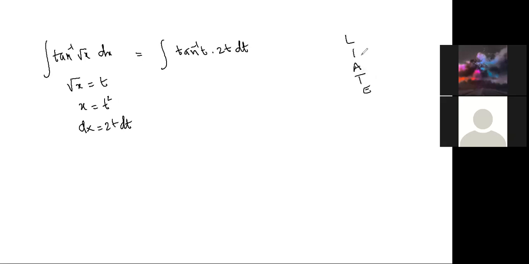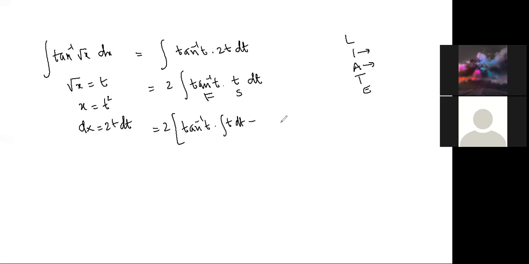LIATE. Which comes first, inverse trigonometric function or algebraic? Inverse comes first. So 2 tan inverse t into t dt. This is first, this is second. First into integral of second, minus integral of derivative of first into integral of second.